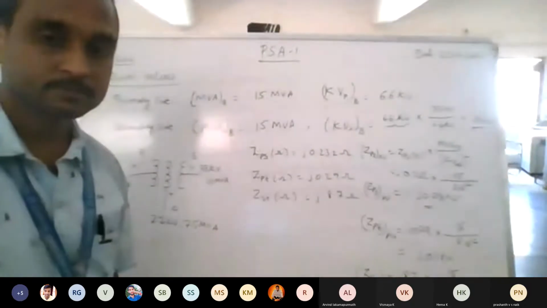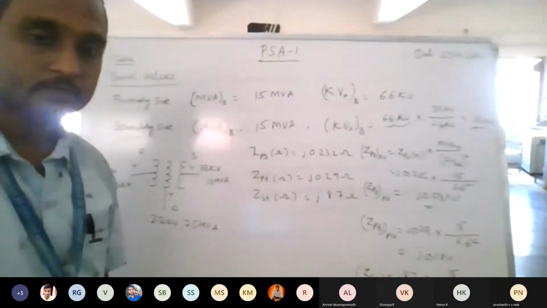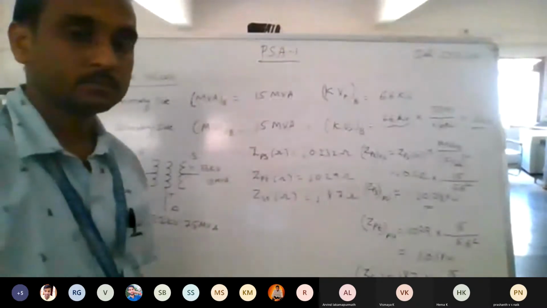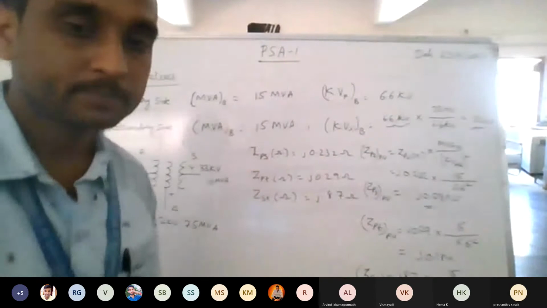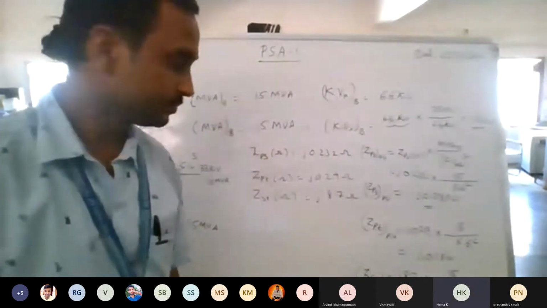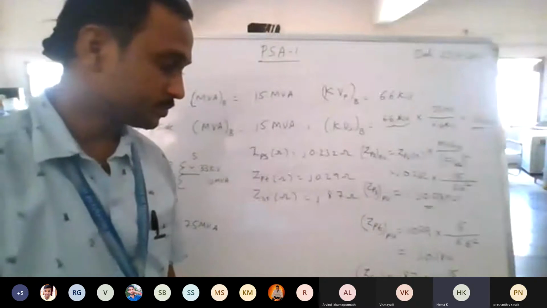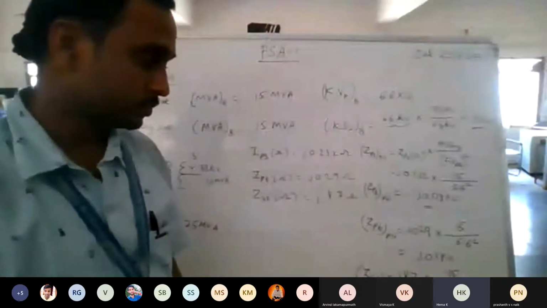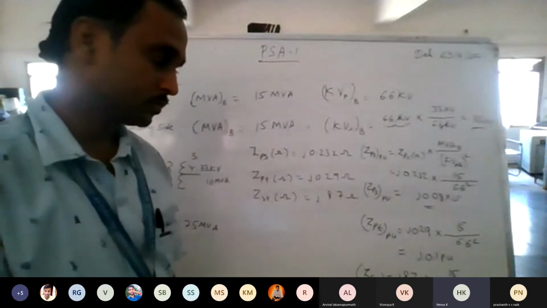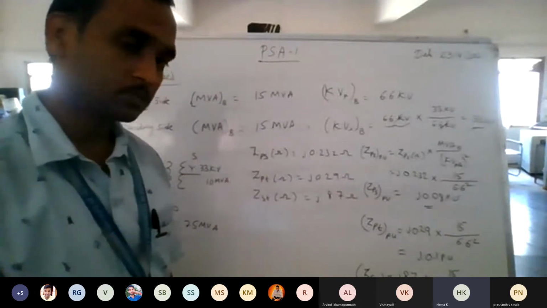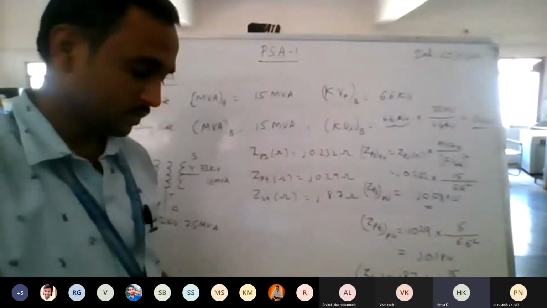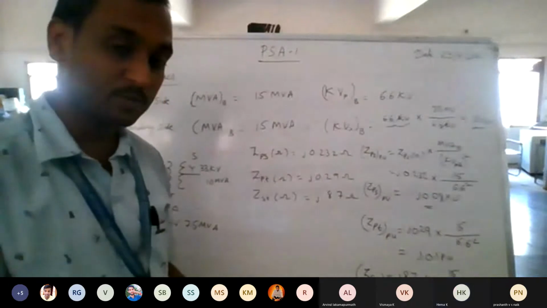Hema, what is the answer? Calculating, sir. 3.95, sir. That is in rectangular form, not in polar form.